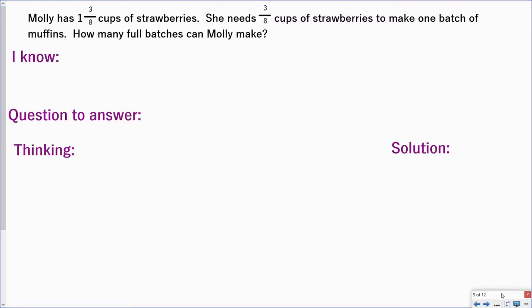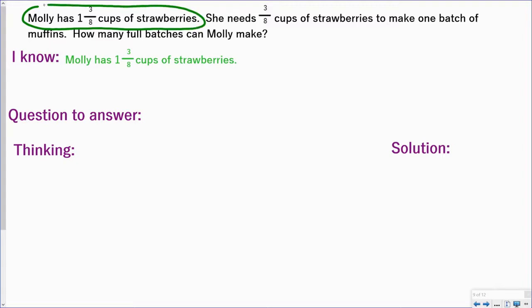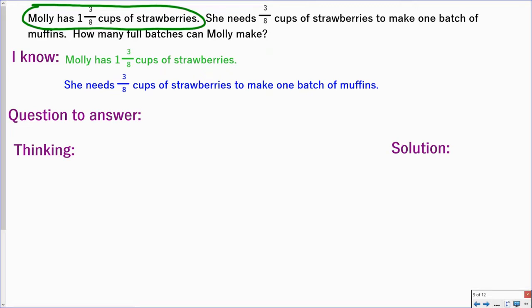So we need to look at the problem and figure out what we know first. The first thing that I know is that Molly has 1 and 3/8 cups of strawberries, and I get that information from right here. The next thing I know is that she needs 3/8 cups of strawberries to make one batch of muffins, and I would get that information from right here.